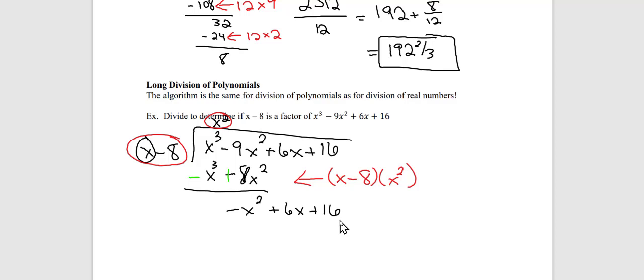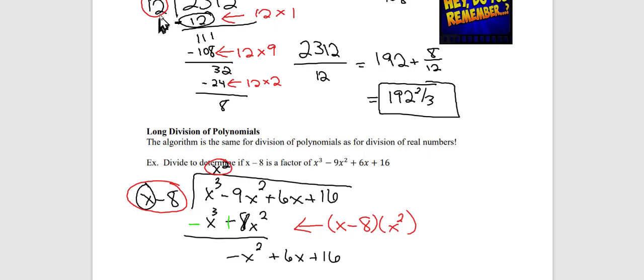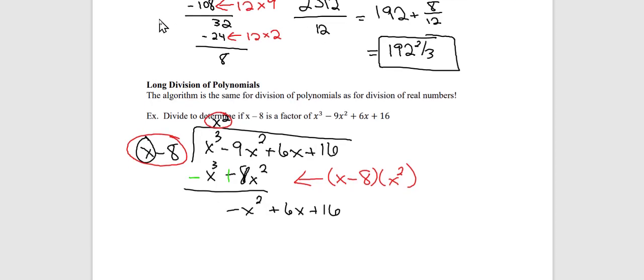Then I go back to my x minus 8, because up here, after I subtracted, I went back to my 12. And I see what would I have to multiply the x by to get negative x squared, and that's negative x. Then I actually do multiply that.